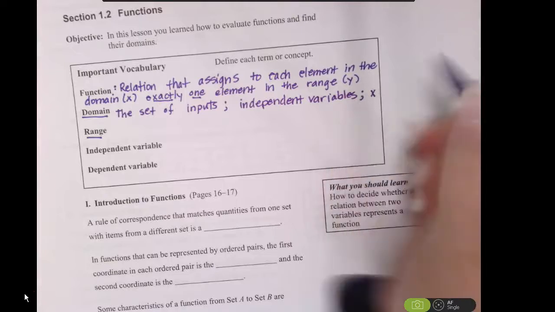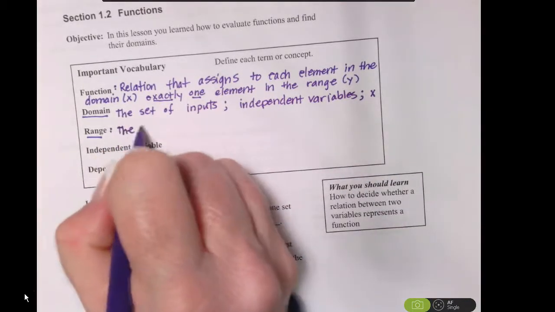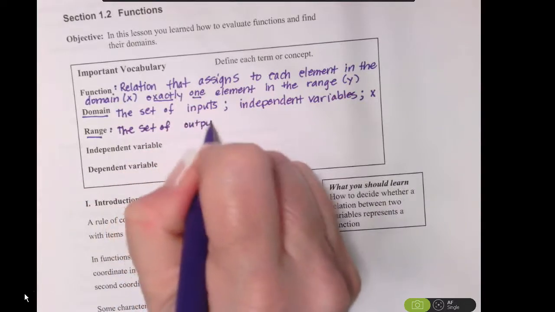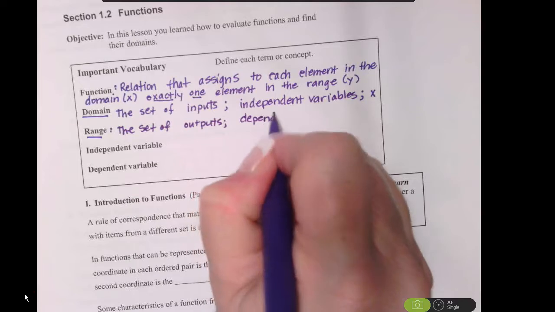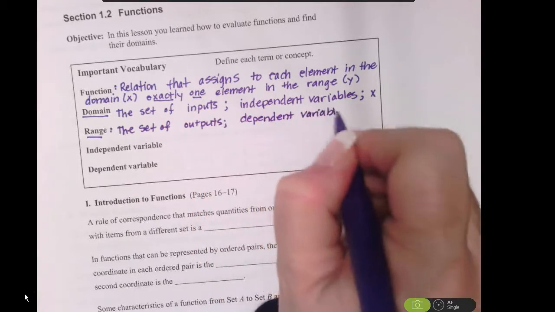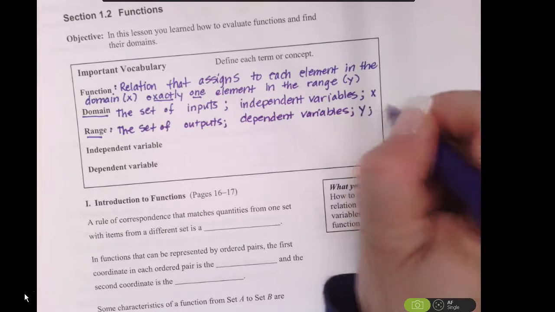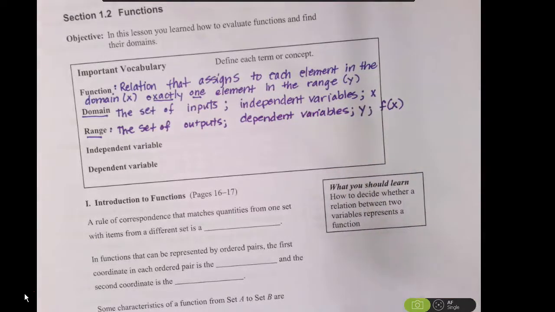And then very often that's x, and then the range is the set of outputs. And those are going to be the dependent variables, which is y, or since we're talking about functions, we'll say that's f of x, g of x.